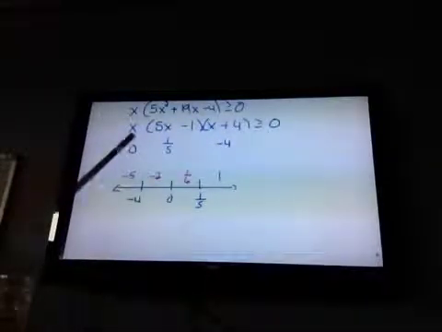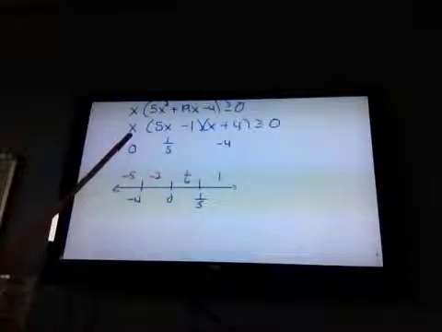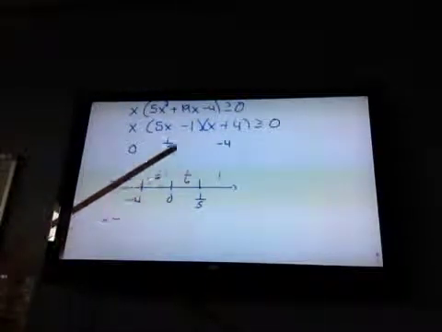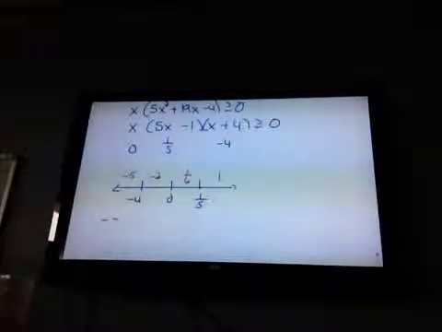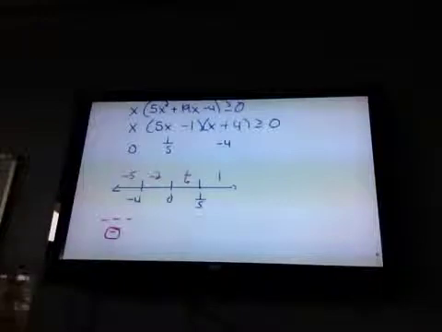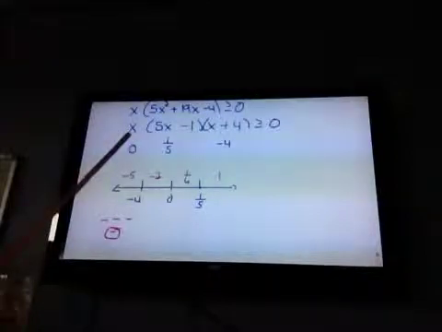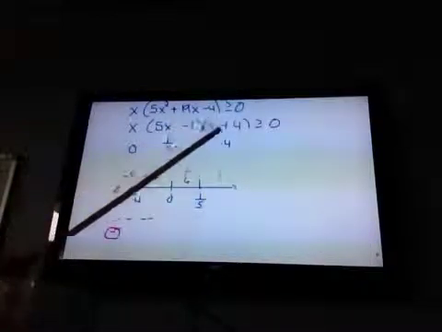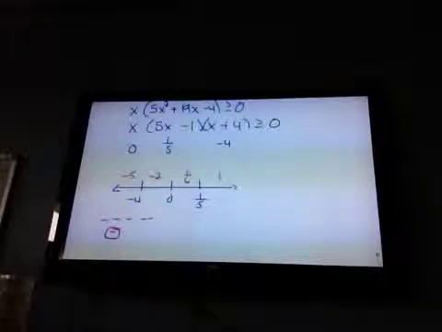All right, so negative 5 here is going to be negative. Negative 5 here is negative 25 minus 1, negative. Negative 5 here is negative. Negative, negative, negative is negative. Negative 2, where the x is negative. Negative 2 here, 5 times negative 2 minus 1 is negative. Negative 2 here, negative 2 plus 4 is positive.